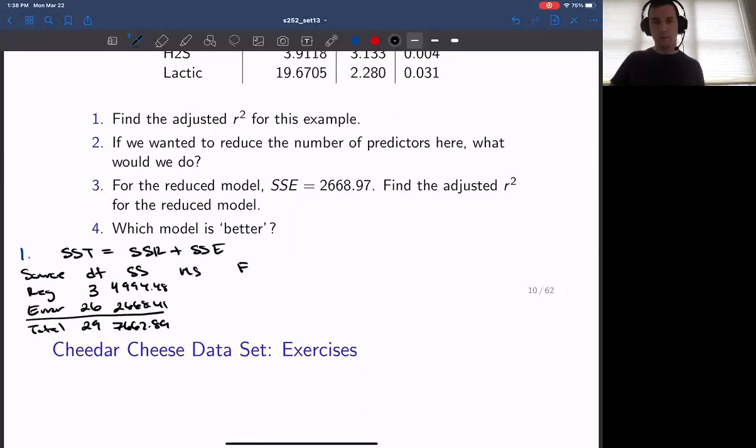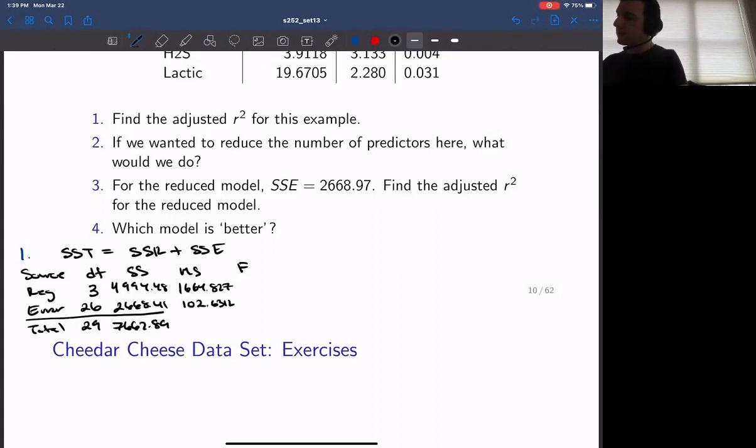Okay, so for example, the MSR is going to be 4,994.48 over 3. Okay, and then our MSE is going to be 2,668.41 over 26, which is 102.6312.